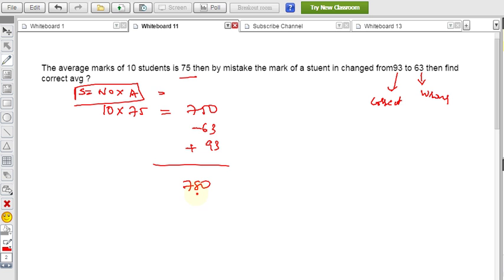Then average is 780 by 10, so 78 is the correct average. Any question like this with interchanging, we should take plus and minus. The wrongly typed one we subtract, the correct one we add.